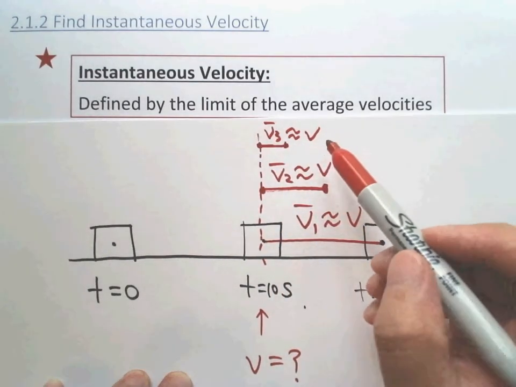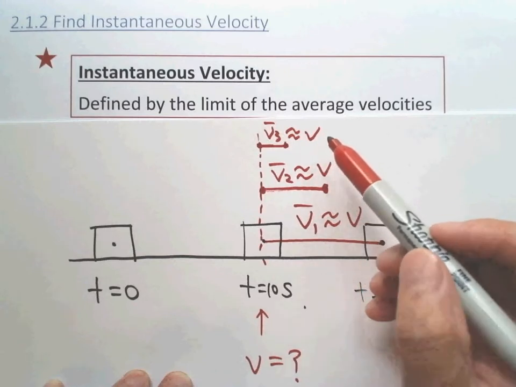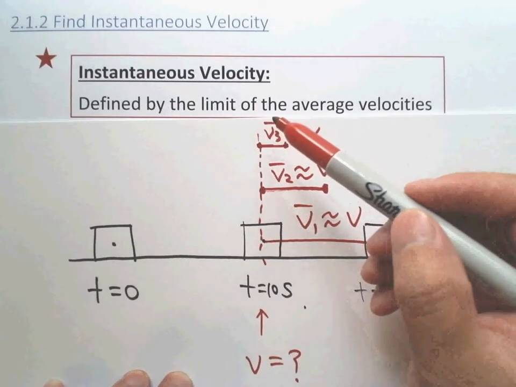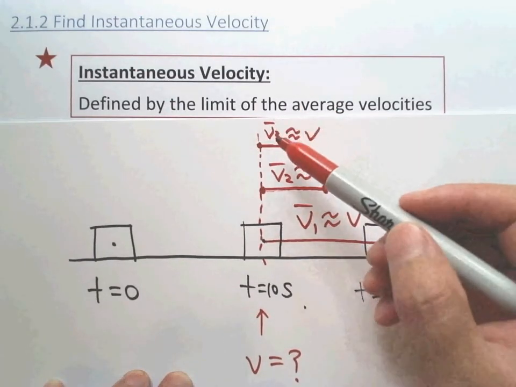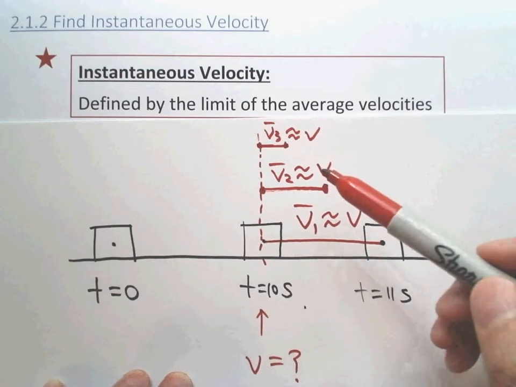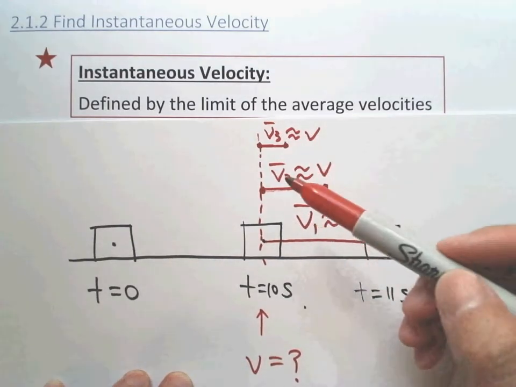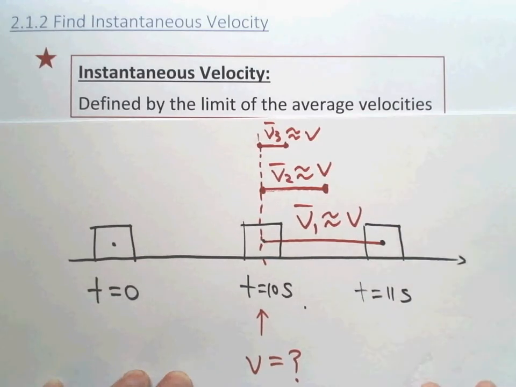This one is better: v3 bar is better than v2 bar, which is better than v1 bar. Moving on, we can have v4, v5, v100, v1000, and the approximation gets better and better, right? So how do we express that? We can use the limit.